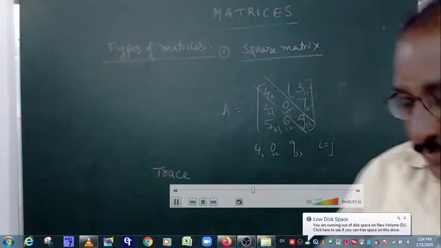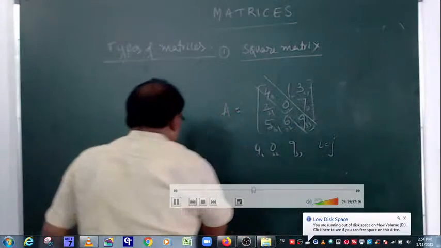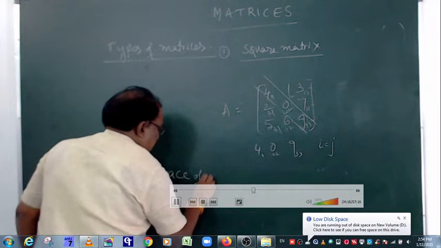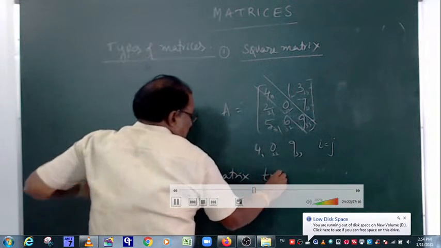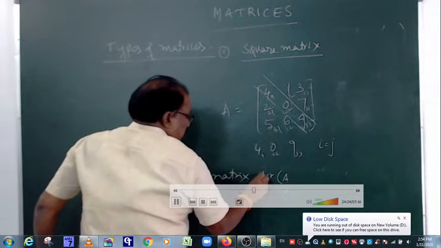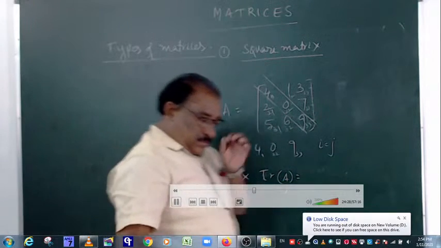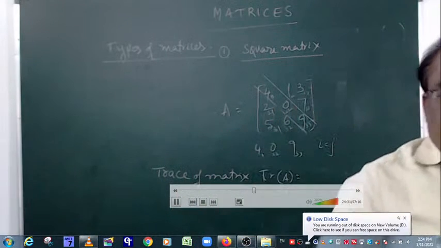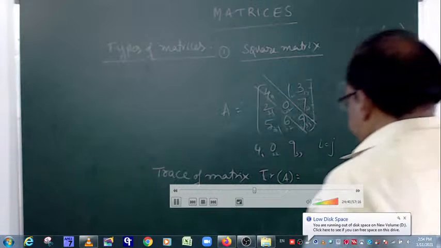Trace of the matrix. If A is a matrix, then the trace of the matrix A is written as tr A. That means trace of the matrix. In a square matrix A, the trace of the matrix is the sum of the elements of the principal diagonal.